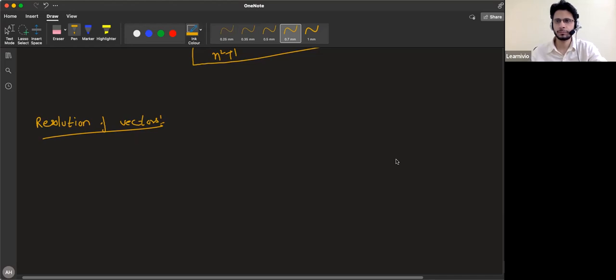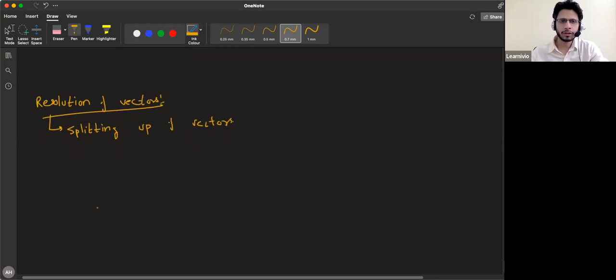It means a vector can be broken down into two different components. Yeah. So resolution means you can break a vector into a number of vectors which are acting in different directions. So resolution means the process of splitting up of vectors. You can split a single vector into two or more forms.